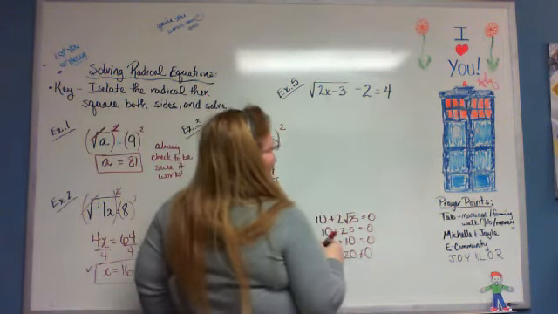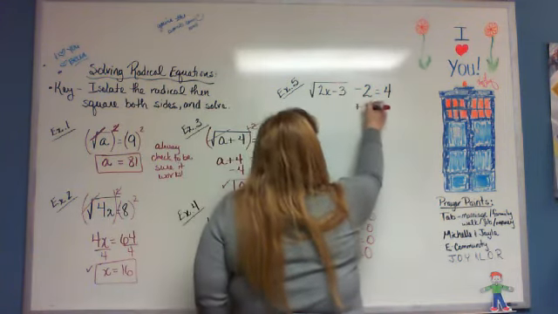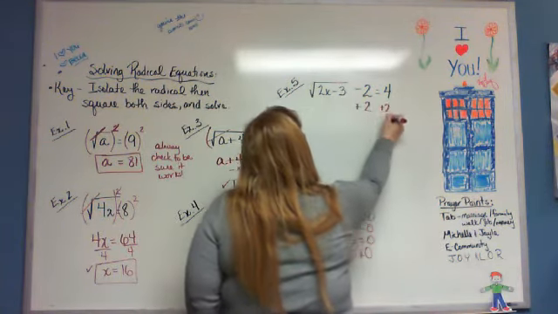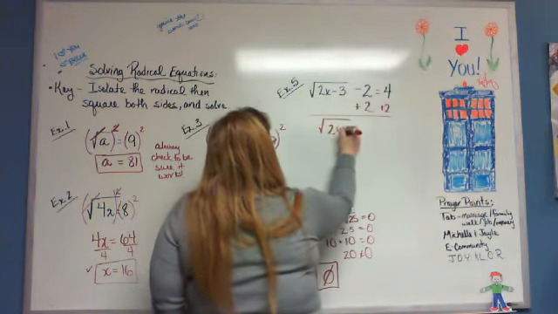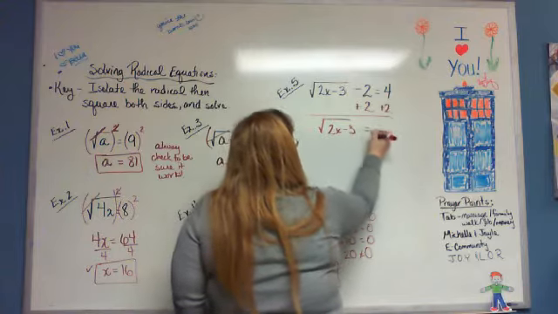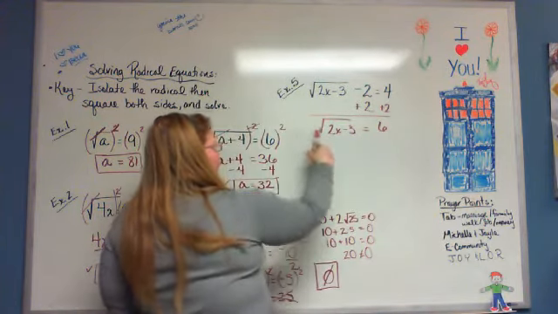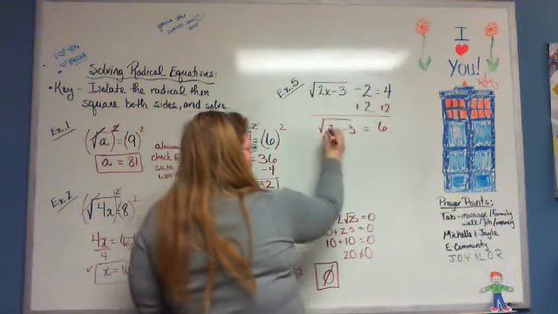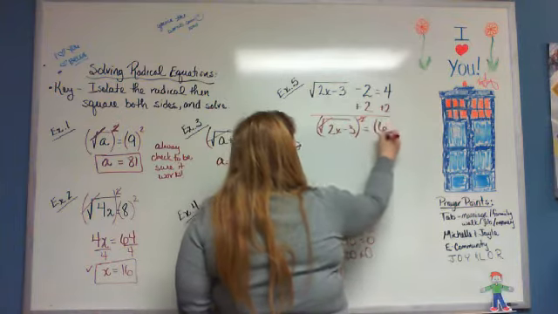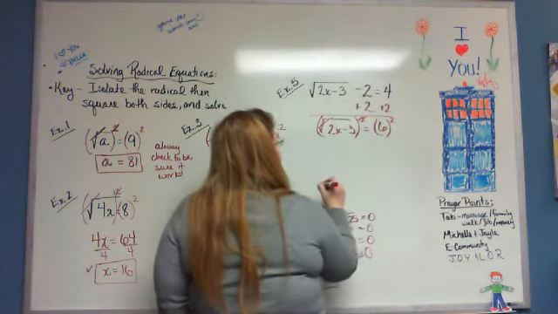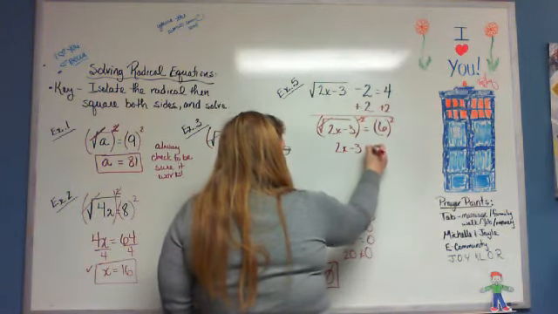Up here, we don't have the radical by itself yet either. So I need to add 2 to both sides. That gives me the square root of 2x minus 3 is equal to 6. Now that my radical is by itself, I can square both sides to get rid of that radical, which leaves me with 2x minus 3.